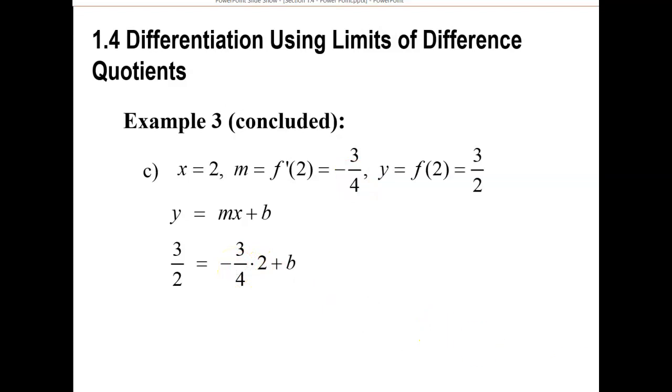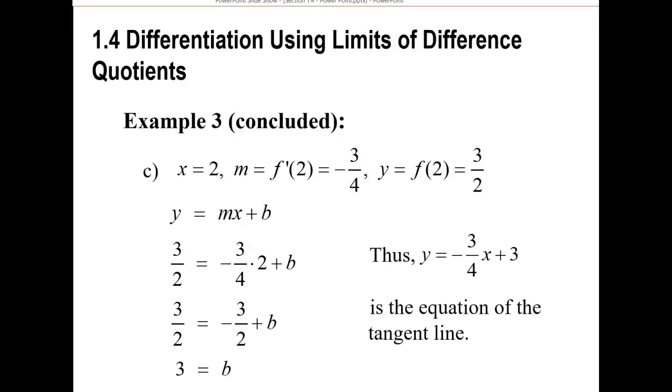We're going to solve this for b. So negative 3/4 times 2 is negative 3/2. Adding 3/2 to both sides, 3/2 plus 3/2 is 3. So b is 3. So the equation of your tangent line is y equals your m, negative 3/4 times x plus your b.